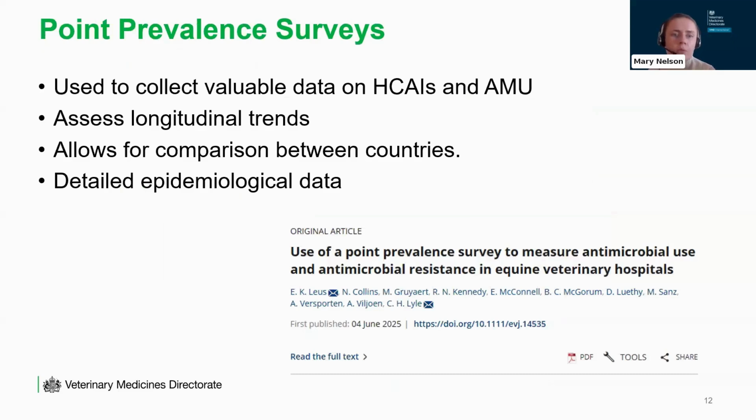So point prevalence surveys are common in the human hospital setting for hospital care associated infections, which is HCAIs, and for monitoring antimicrobial use. These surveys are completed by collecting data over a couple of days, so potentially a single day for each ward or unit, with the whole hospital collecting data in no longer than a 2 to 3 week time period.